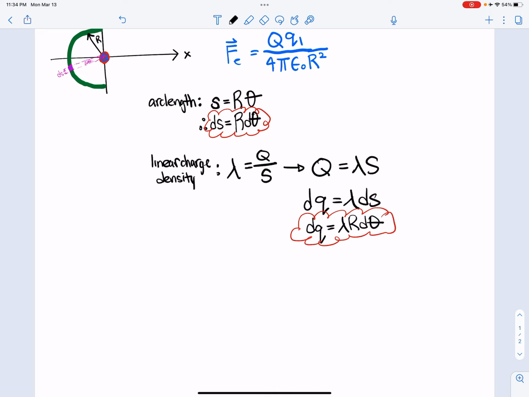So my dF is going to be equal to Q, which is my point charge, over 4 pi epsilon naught, that's just K. I'm basically copying this, by the way.